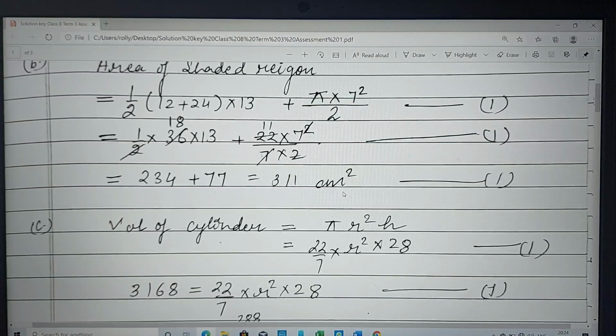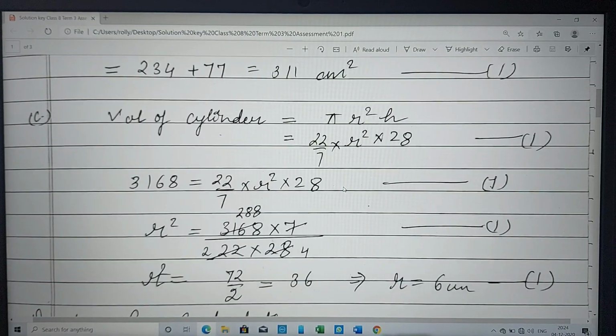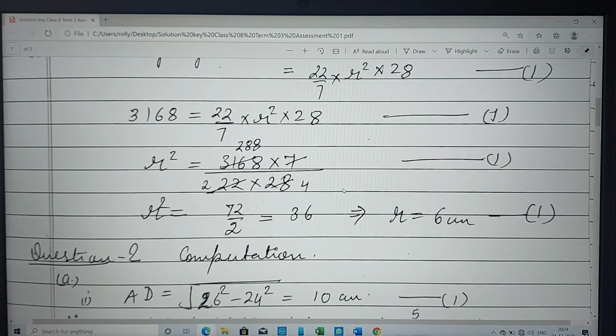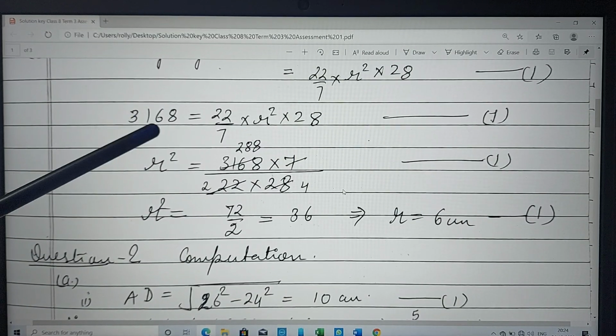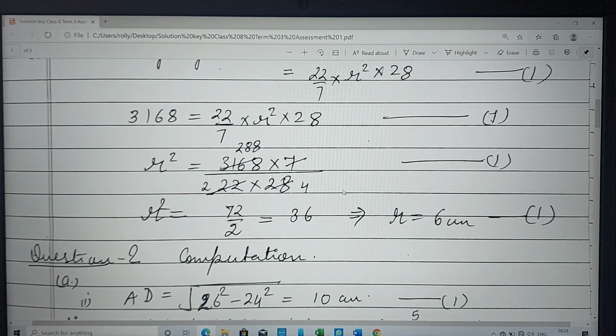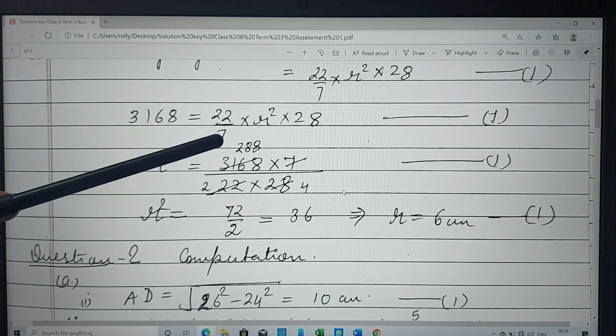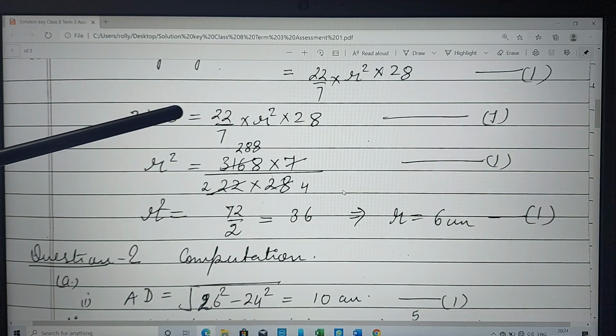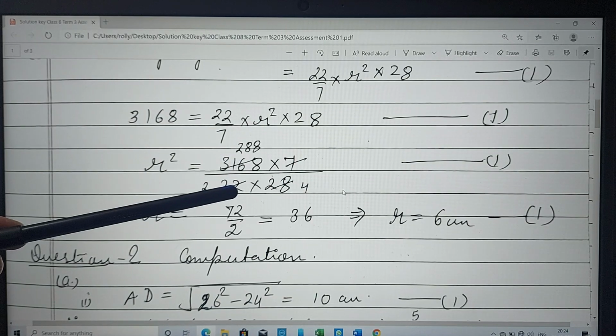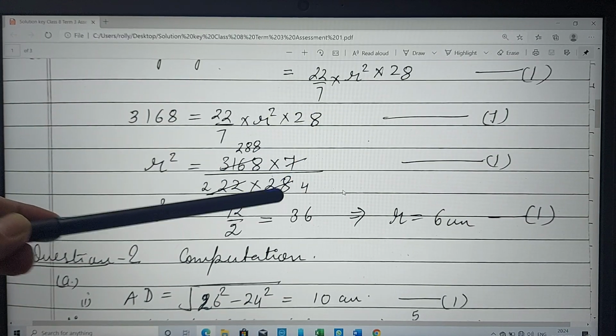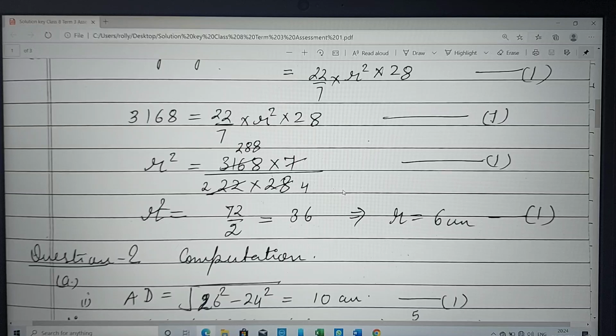Clear? And in the next step, because volume is given as 3168, 3168 is equal to 22 upon 7 into r square into 28. Everything else will be transferred this side. 7 will come in the numerator, 22 will come in the denominator, and 28 will also be transferred into the denominator.